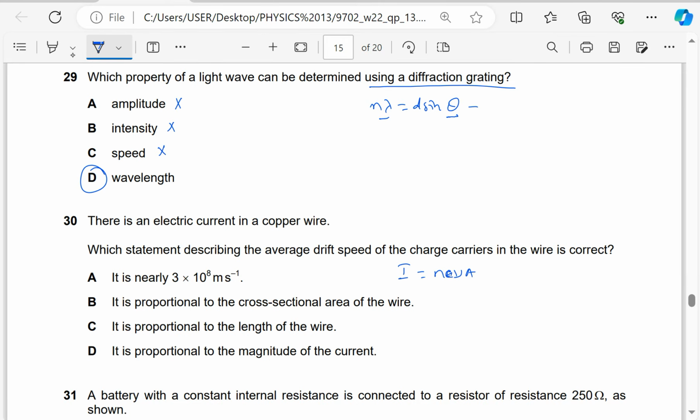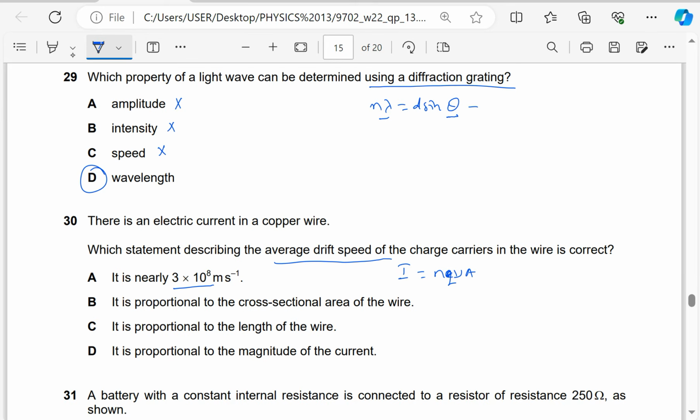So there is an electric current, which is nearly 3 times 10 to the power of 8 meters per second. That is the drift speed for an electric current. Which statement describes the average drift speed of the charge carriers in the wire is correct? It's nearly 3 times 10 to the power of 8 meters per second.